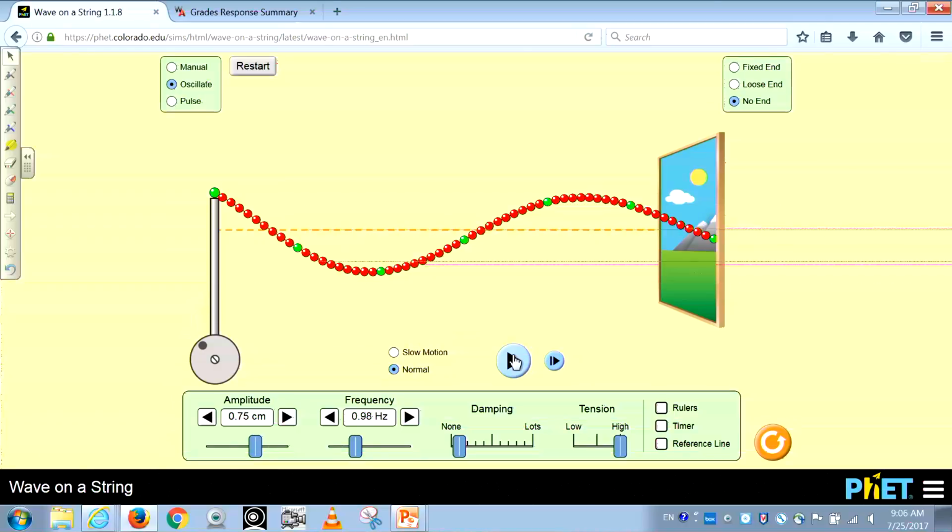And for each particle, this displacement reaches maximum at some point. That maximum has a name, the amplitude. And for each particle, it takes exactly the same time to make one whole motion. That time we call the period.